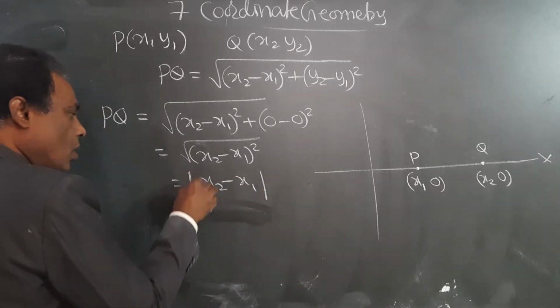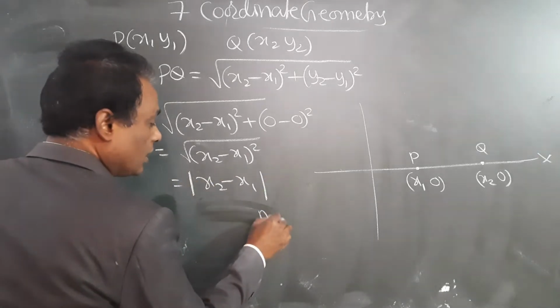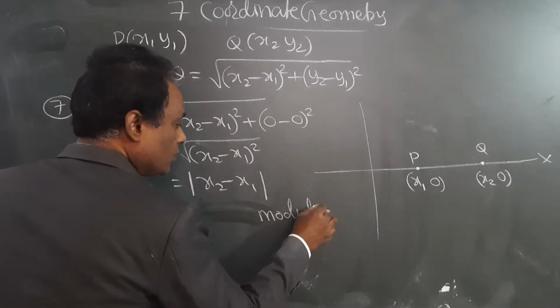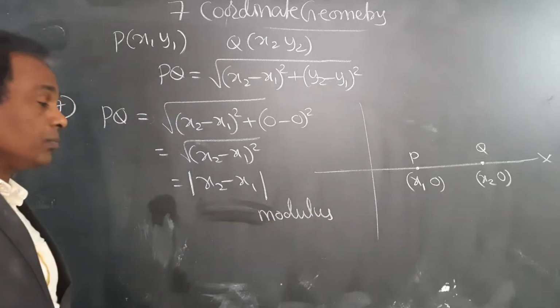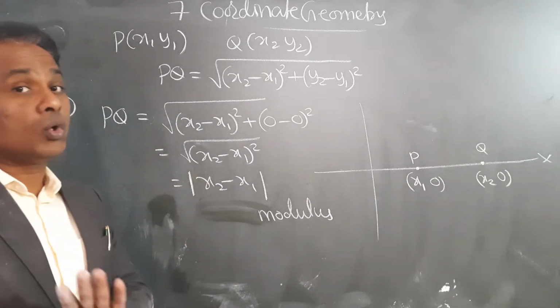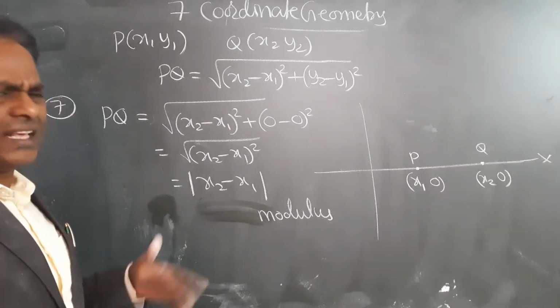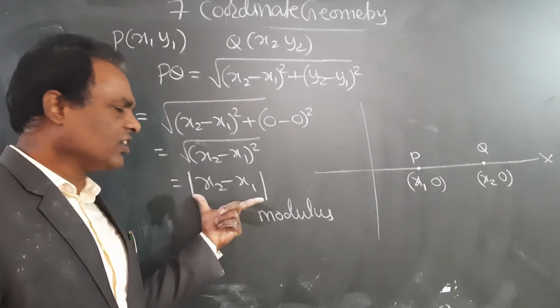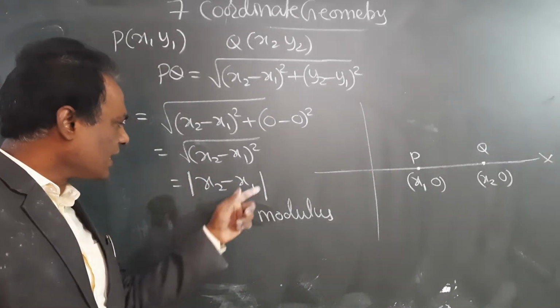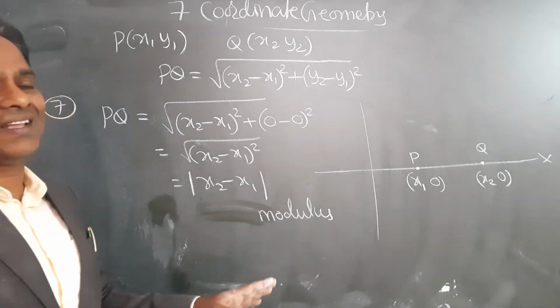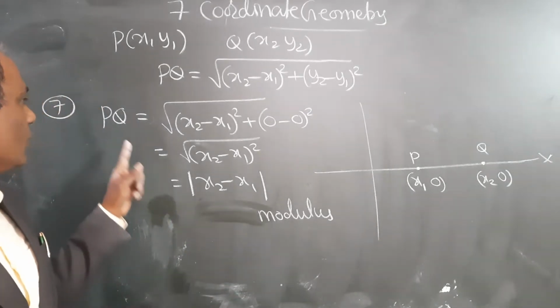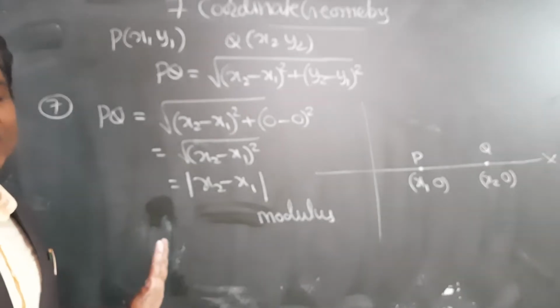This is called modulus or absolute value. Modulus means you have to take the positive value only, don't take negative, because a distance should be positive. Even if you get negative, you take positive. This is the modulus symbol. So distance is mod of x2 minus x1.